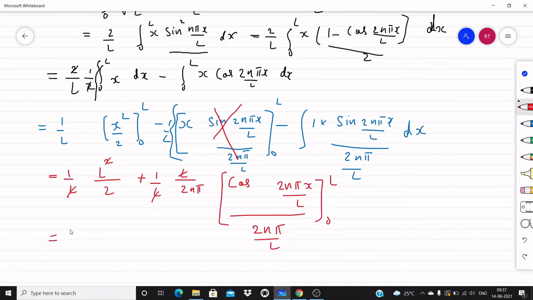You have L by 2 plus L by 2 n pi square, then cos 2 n pi, you have cos 2 n pi L by L minus cos 0.